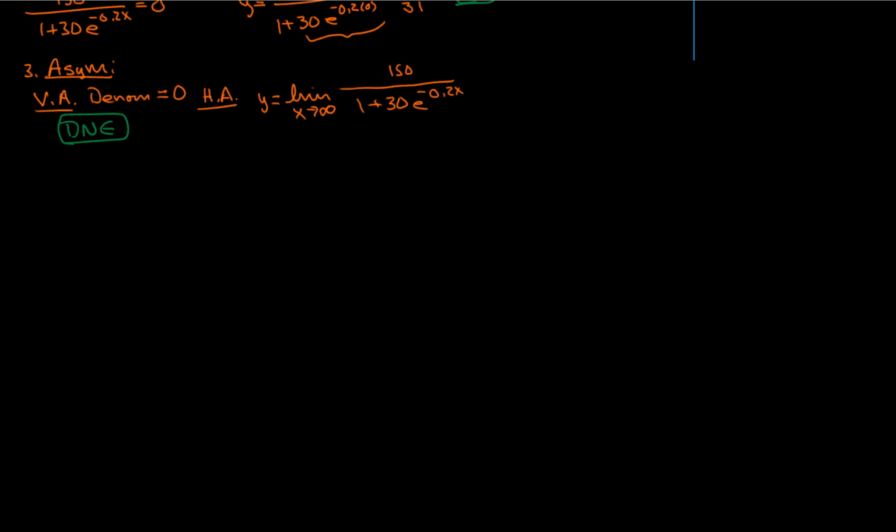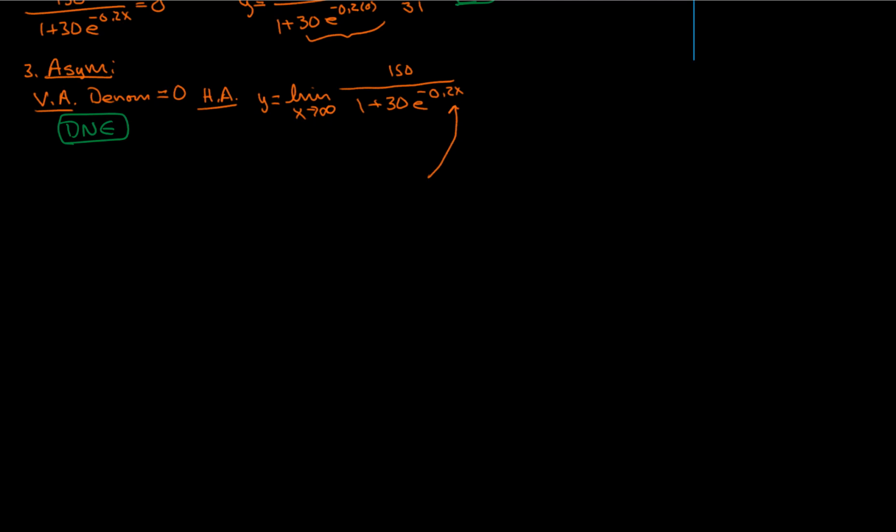If we think about putting bigger and bigger numbers in for x, we're going to have 150 in the numerator. In the denominator, we're going to have 1 plus 30 times e raised to a larger and larger negative exponent, like negative 100, negative 1,000, negative 1,000,000, negative 1,000,000,000.